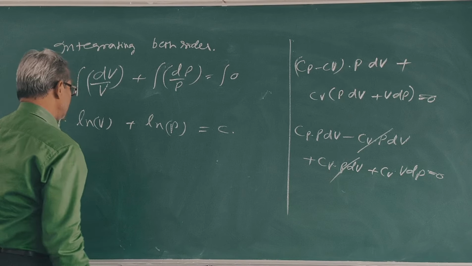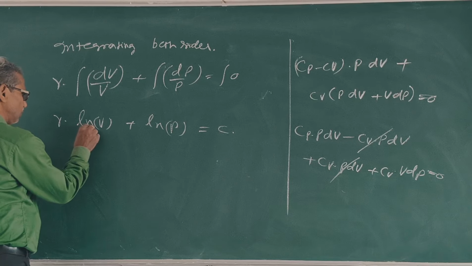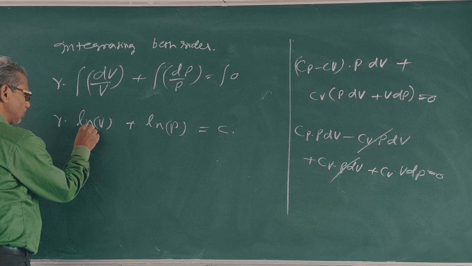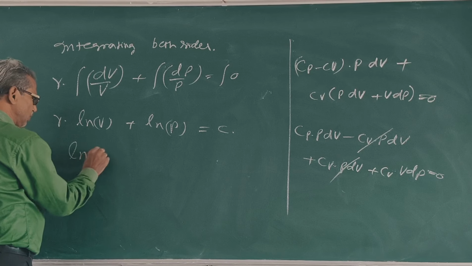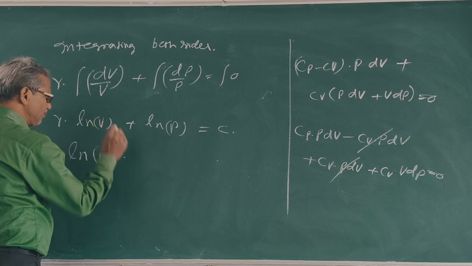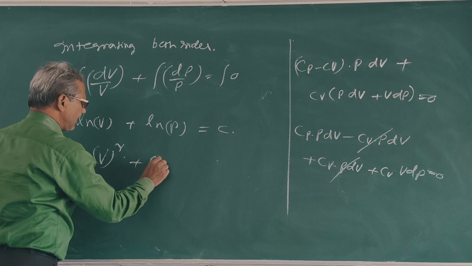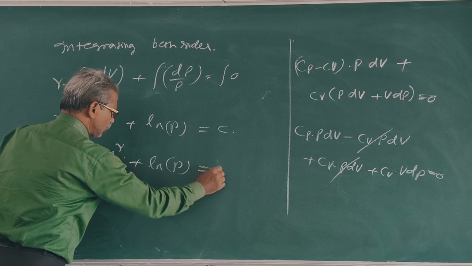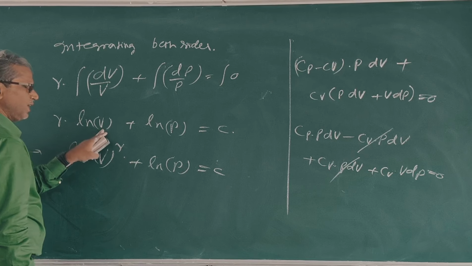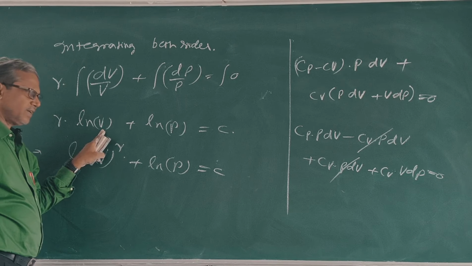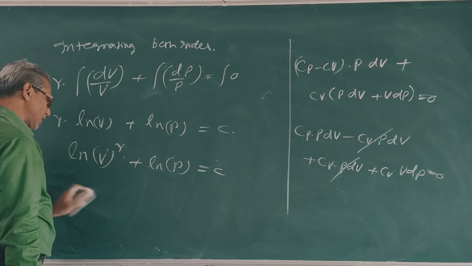This is equal to ln V to the power gamma plus ln P equal to constant. ln m to the power n is n ln m, and ln m plus ln n is ln of m into n.